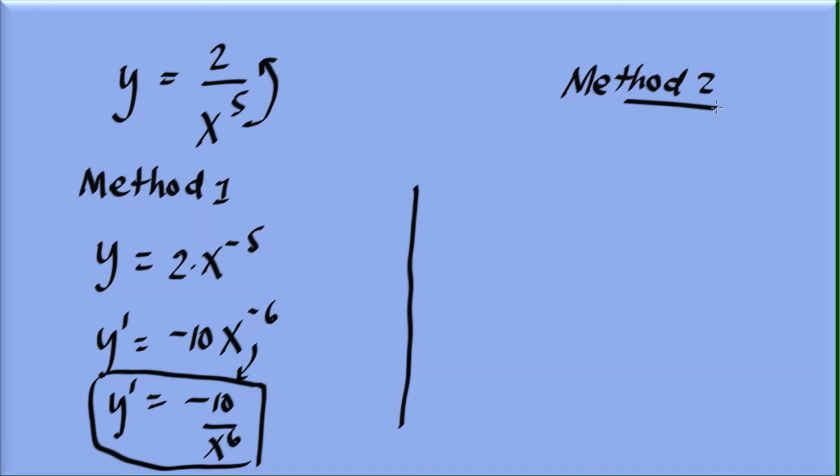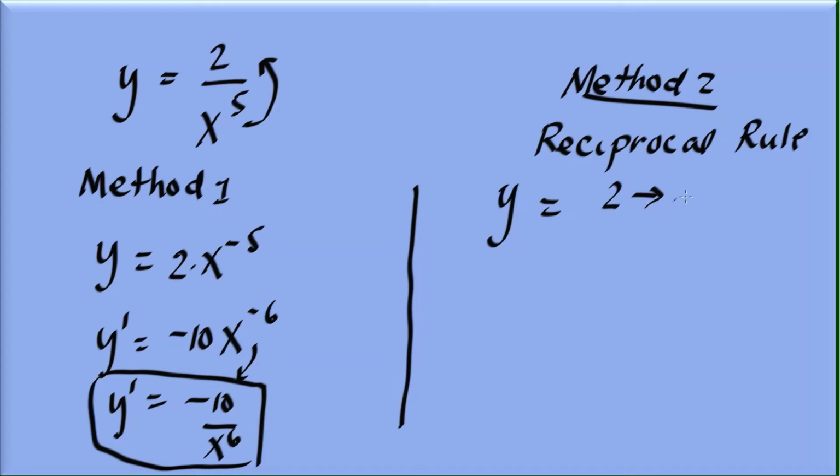Or you may also use the reciprocal rule, because again, if the numerator is constant and your variable x appears at the bottom, then you have a reciprocal.